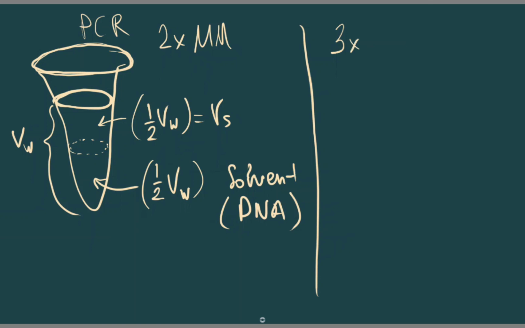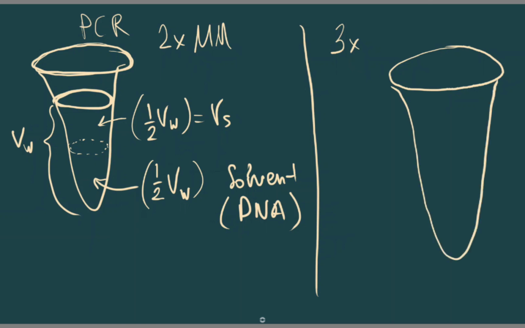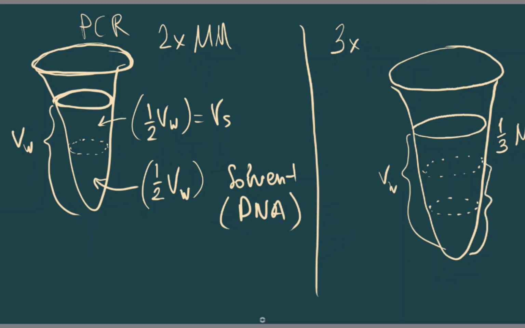Let's look at the 3x. For 3x it will be the same logic. You have your PCR tube, you have your working volume, you will have 1/3 of this volume as master mix, and 2/3 will be your solvent, the DNA.